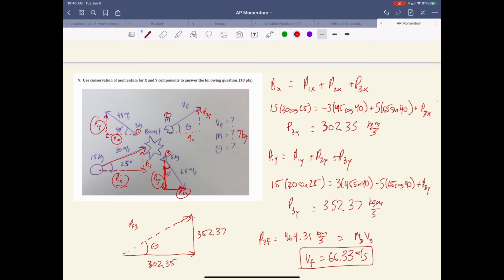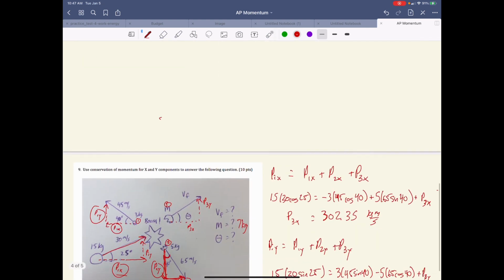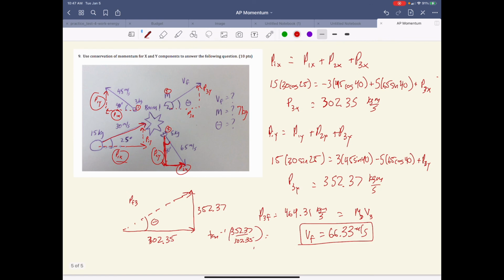And the angle here you can just get from the inverse tangent of 352.37 divided by 302.35. And without taking the time to calculate that, 49.37. So there we go, and that's how you would solve this one. Final velocity, 66.33 meters per second, theta 49.37 degrees.